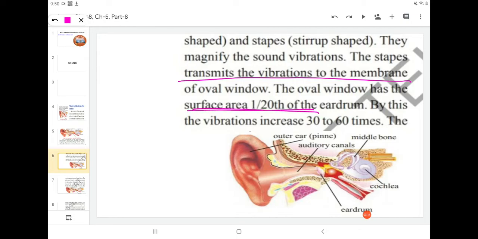The oval window has a surface area 1/20th of the eardrum. So by this the vibrations increase 30 to 60 times.